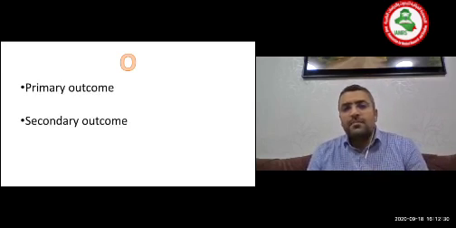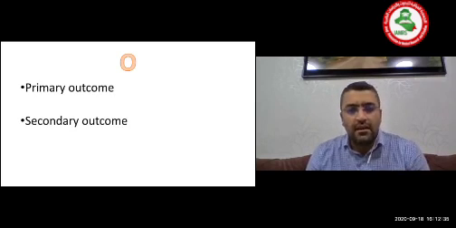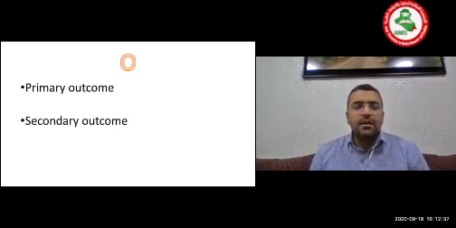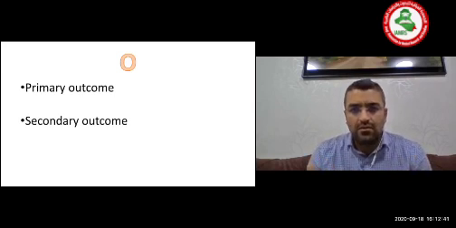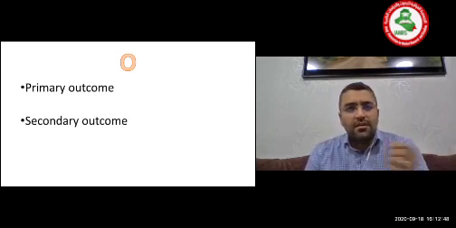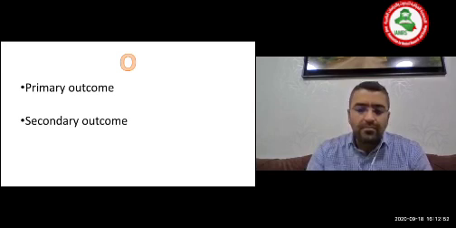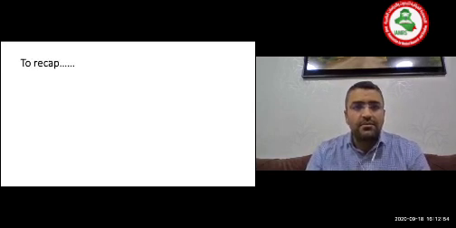And the outcome is usually divided into primary outcome and secondary outcome. The primary outcome is the main outcome of your study, the main result that you are looking for. The secondary outcomes may be one or more. They may be other things that you look at while conducting the study. And we'll talk about this later on.